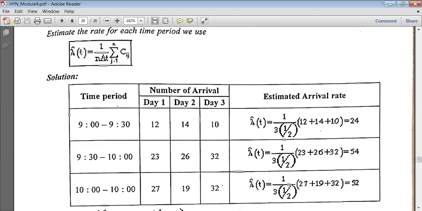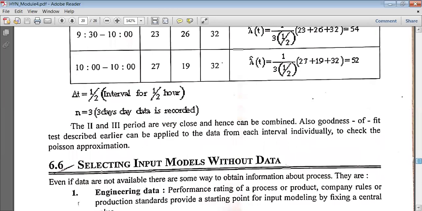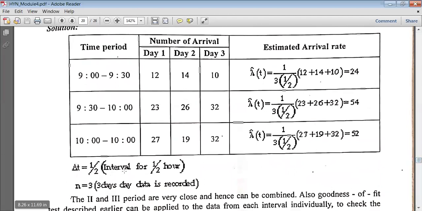You just have to make use of this formula: lambda cap of t is equal to 1 divided by n delta t, times the sum over j equal to 1 to n of Cij. Here n is the number of days the data is recorded, so n is equal to 3.